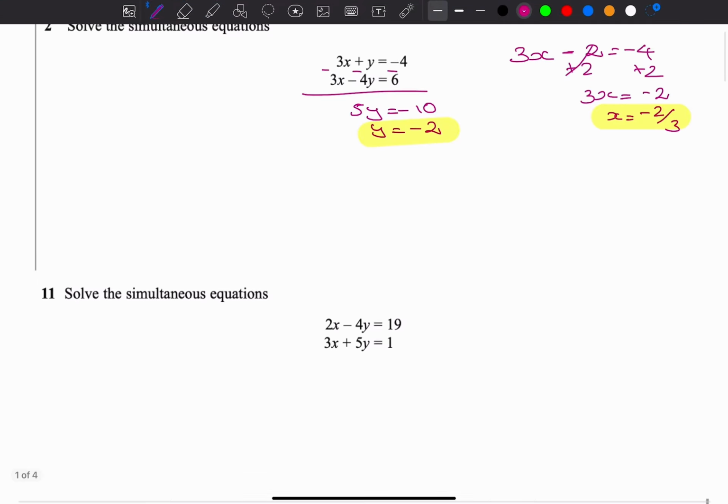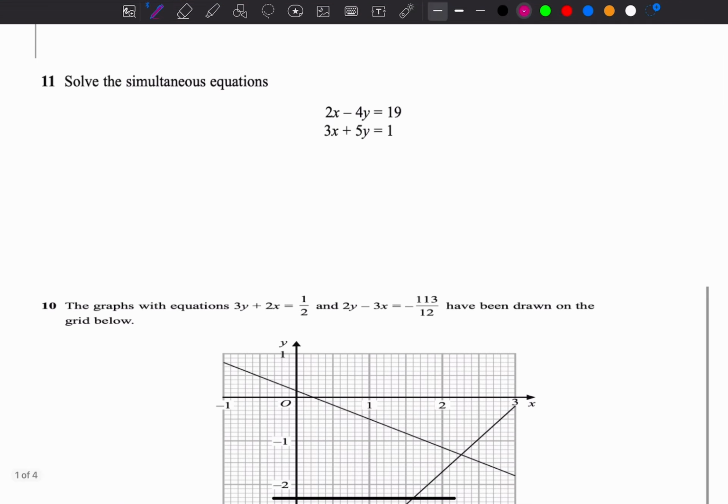Good. Next one. So the x value, it's 3 here, 2 here, so times it by 3, times it by 2. That will give you 6x minus 12y equals 57. 6x plus 10y equals 2. Sorry, 1 times 2 is 2. Take away, take away, take away.